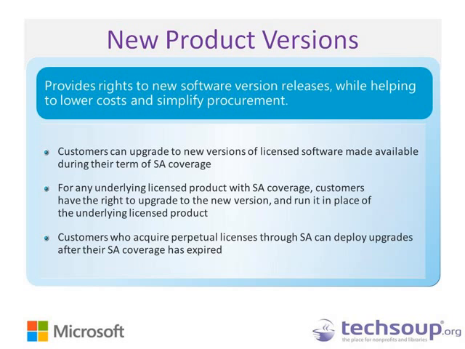In practical terms, just as an example, that means if you're having a license for Office 2007 and Microsoft releases Office 2010 and you have active software assurance on your Office 2007 license, that means you're now licensed for Office 2010.